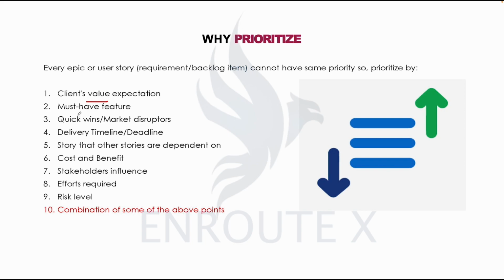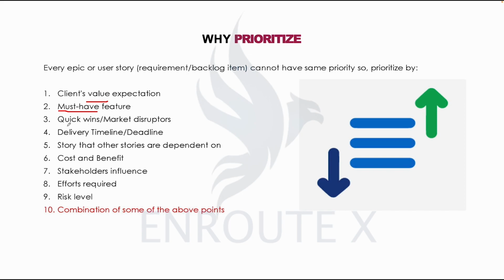We prioritize also based on what we call the must have. Which features must the end users have? There are some features that may not be needed. There are other features that are must have features.